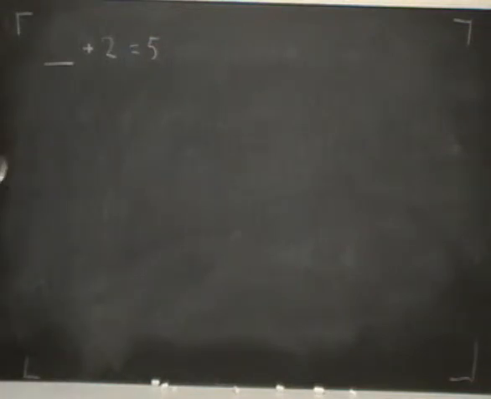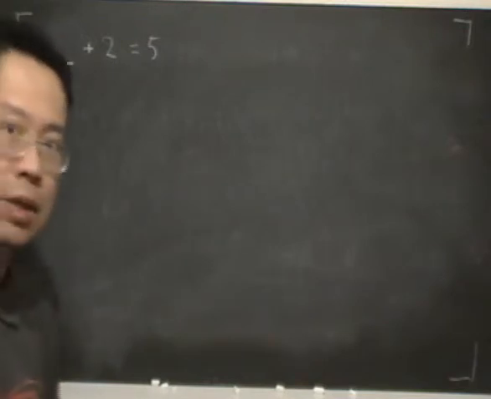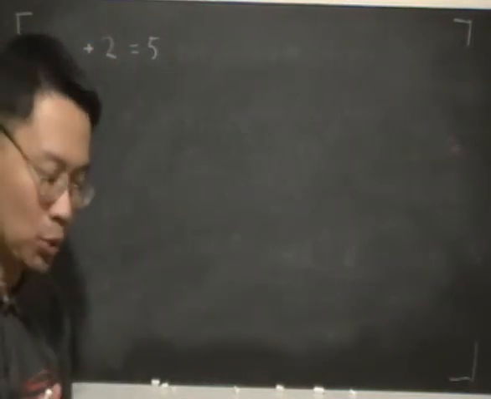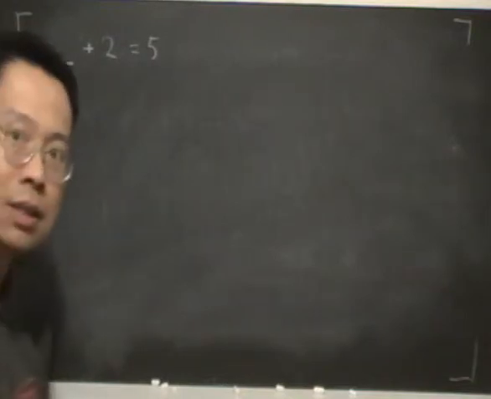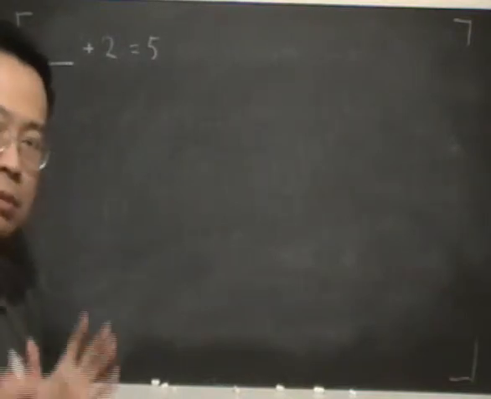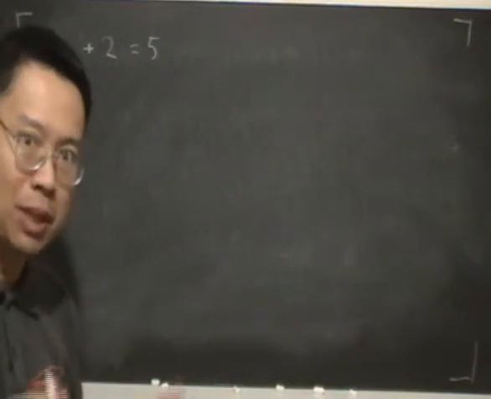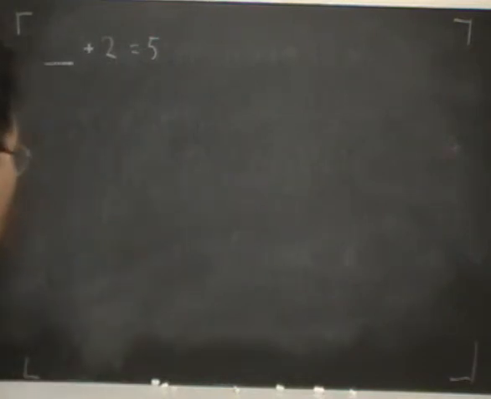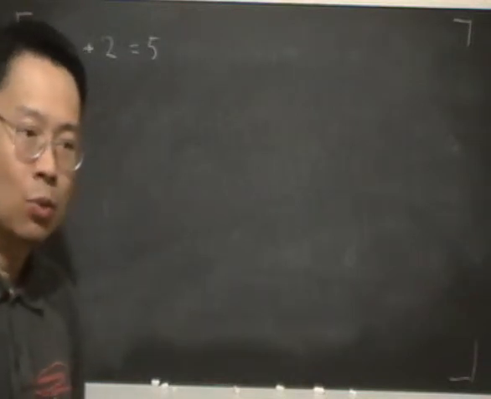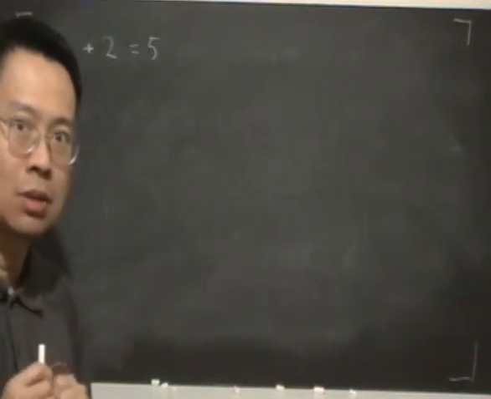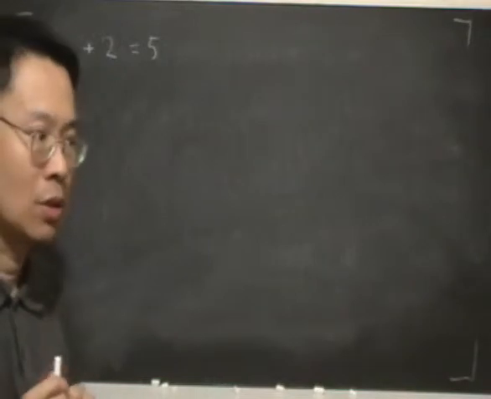So we have this problem where a number, an unknown number, plus 2 is equal to 5, and we are supposed to find that number. Now, the algebra method is to say, we have this unknown number, we are going to call it something.